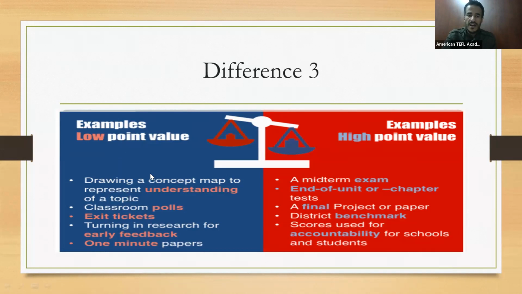All these are examples of formative, low point value, no grades, no marks for them. But, and here, for formative, students feel at ease, students feel comfortable, students are not stressed because low points, there is no grade or there are no grades.